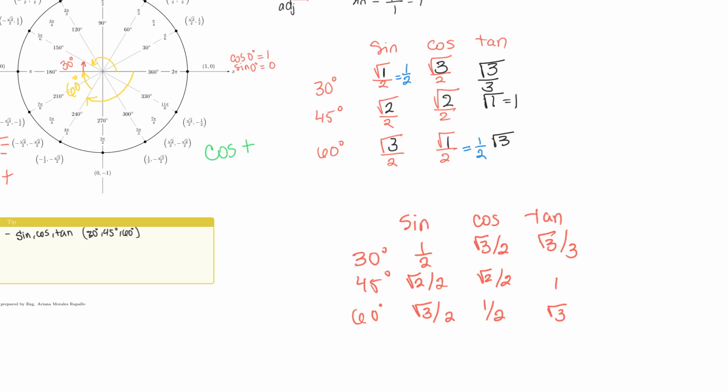For tangent, it's just 3, 1, 3, and then square root everything, and only for 30 degrees you divide it by 3. Also, the tangent, you can calculate it just by dividing sine over cosine, and then you get the same value. Okay, so that's the first thing, to figure out the sine, cosine of 30, 45, and 60.